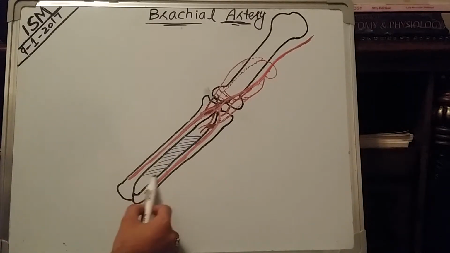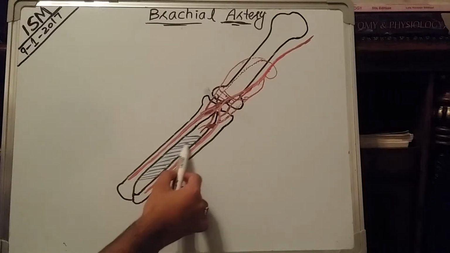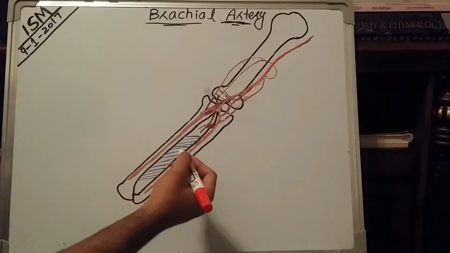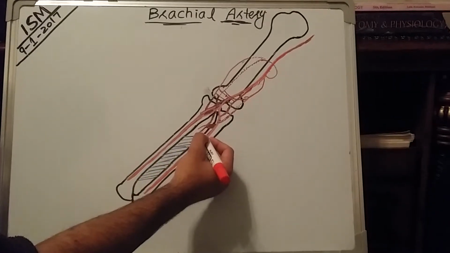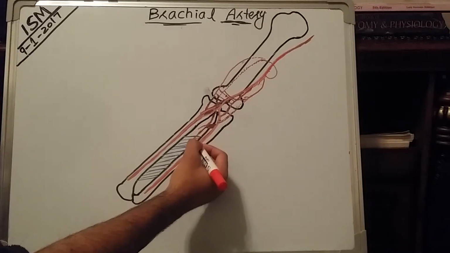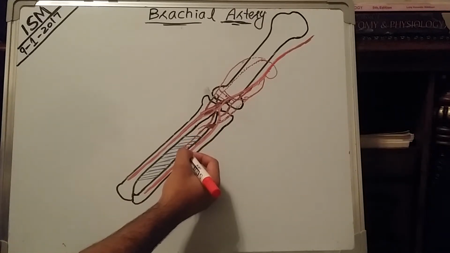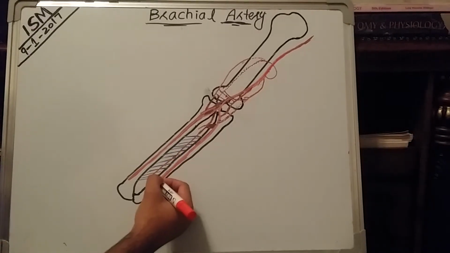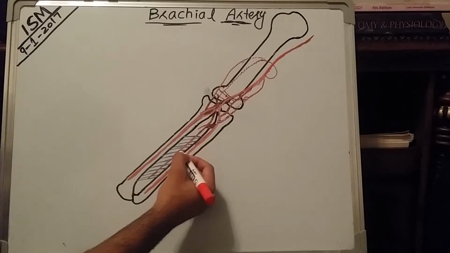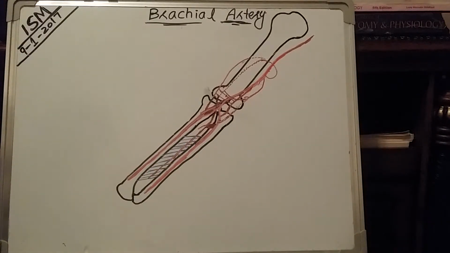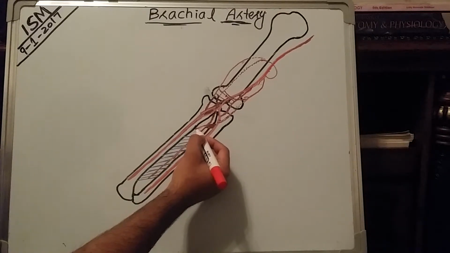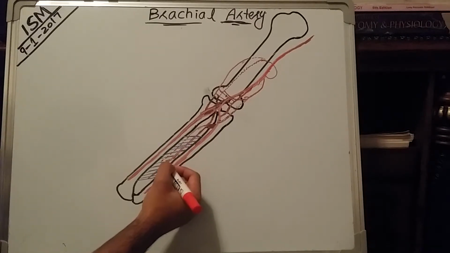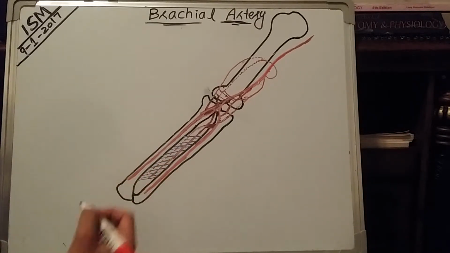Every part of the body needs its blood supply, so the artery which comes in front of the interosseous membrane and supplies it is called the anterior interosseous artery. And the other artery that originates and supplies the back side of the interosseous membrane is called the posterior interosseous artery.